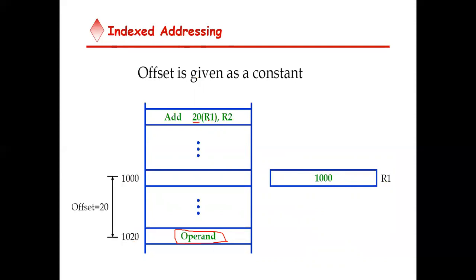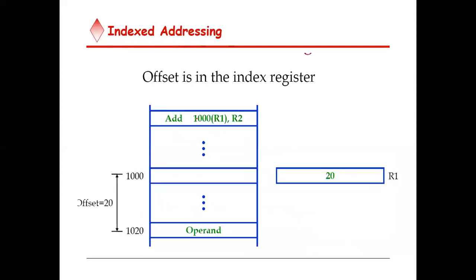Even the opposite will also work. 1000 will be kept here as the constant, and the offset is in the index register. Whatever constant value we keep, we can keep inside the register, and 1000 you can mention. Both will have the same effect. It will go to the 1000 memory location, adding the register content 20, so the total will always be 1020, and 1020 will give the operand.